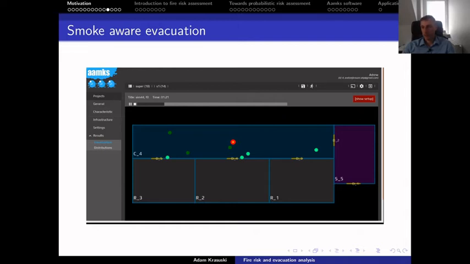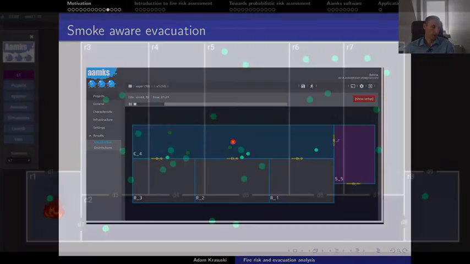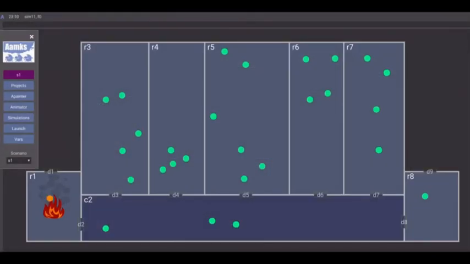So the evacuation in the condition when people are aware where the smoke is and try to avoid going through the smoke. They try to find the place where there is no smoke and try to find the exit through these places.